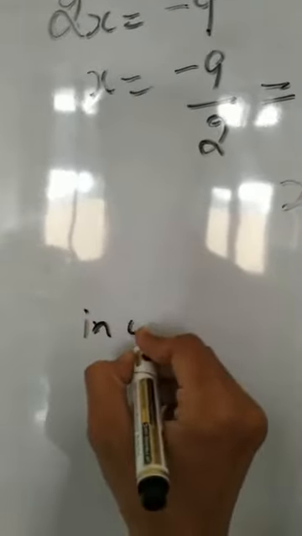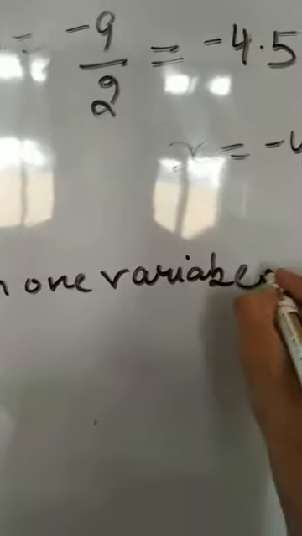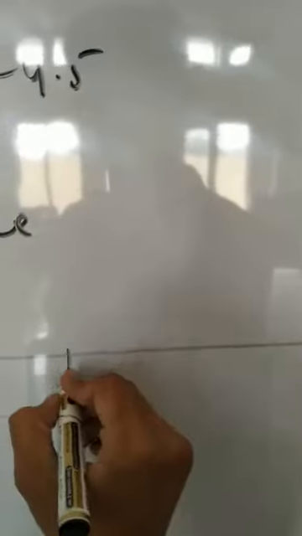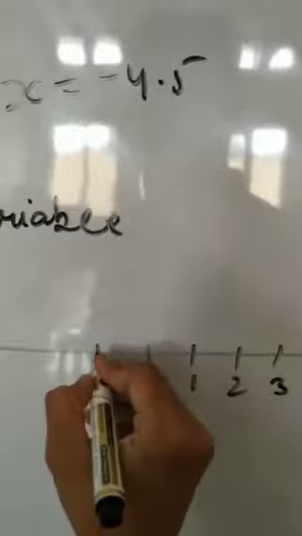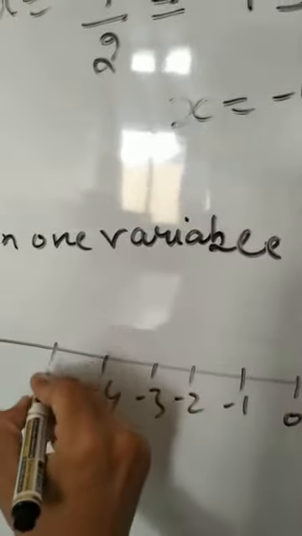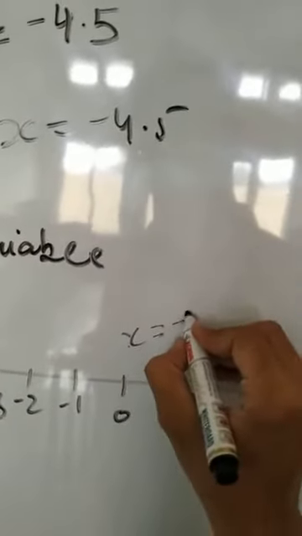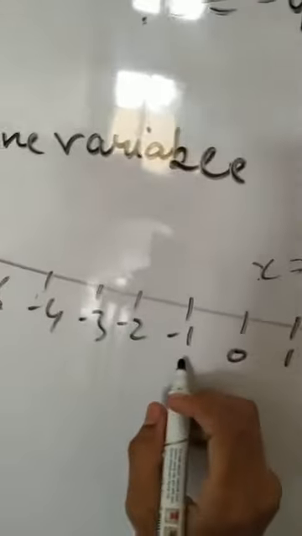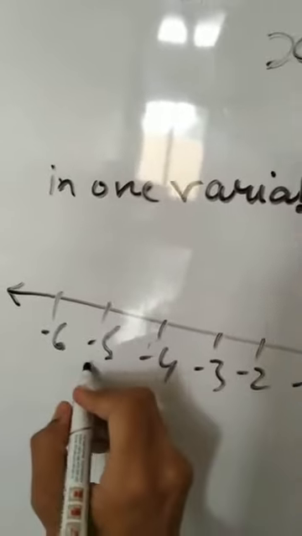In one variable, draw a number line: 0, 1, 2, 3, 4, -1, -2, -3, -4, -5, -6. So x = -4.5. -4.5 is between -4 and -5.